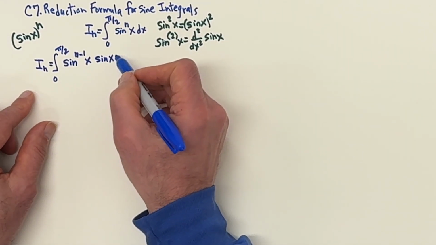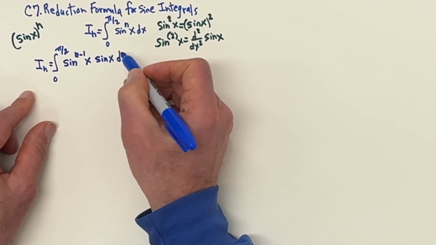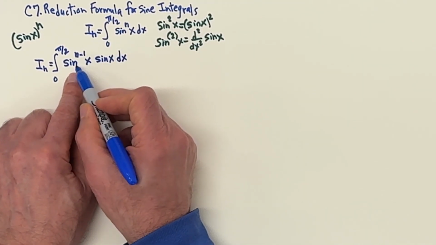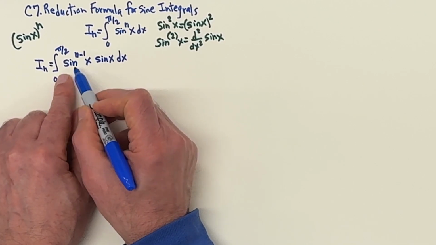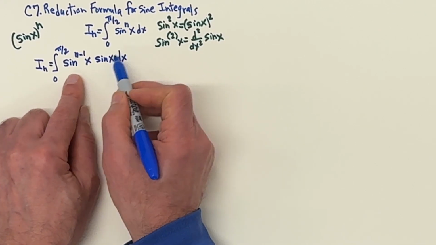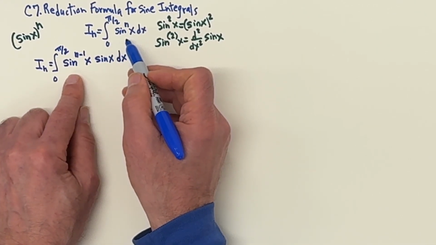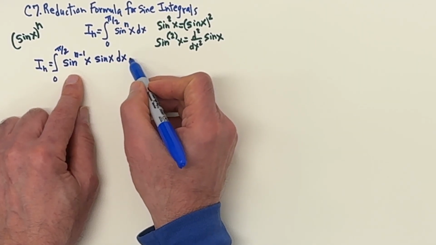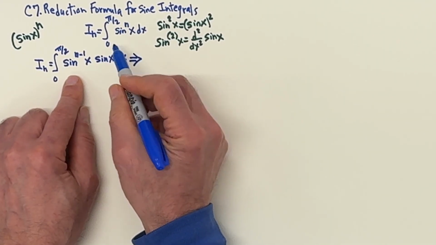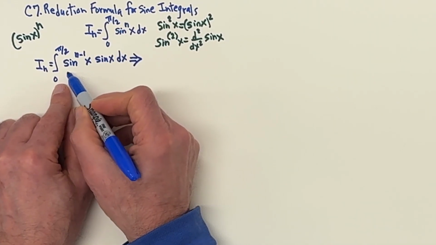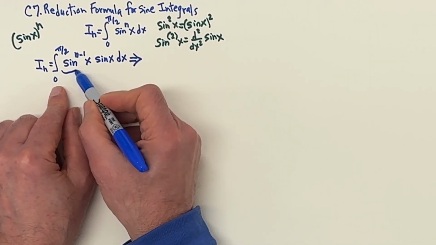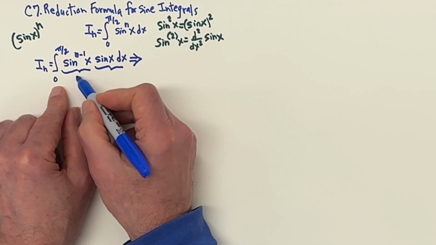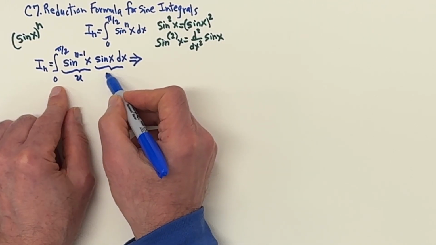So when you take the product, you have the sine of x as a factor n times: n minus 1 factors here and 1 factor there. So this is equivalent to what we have.